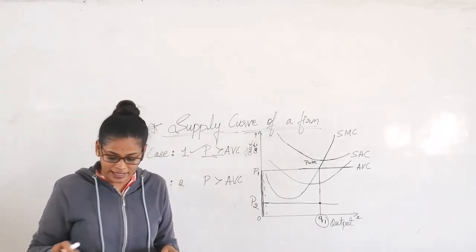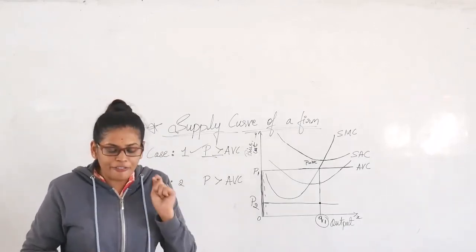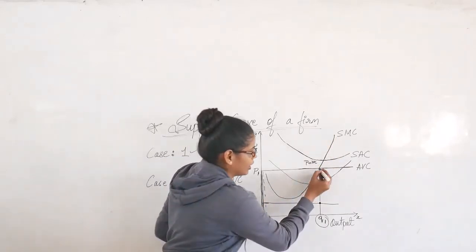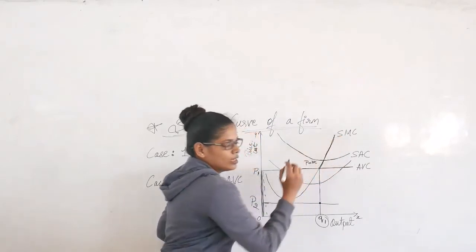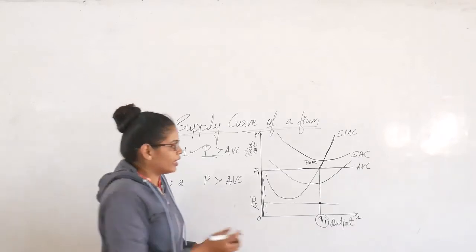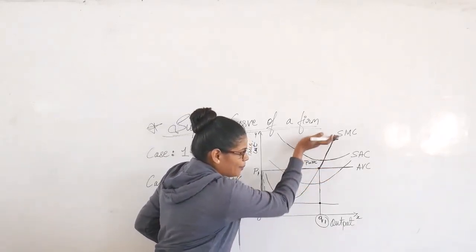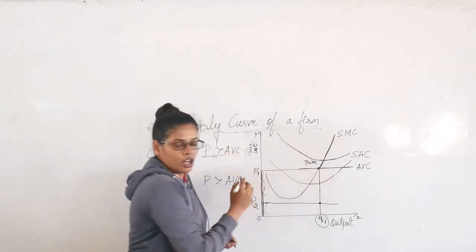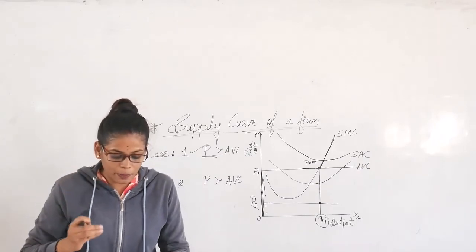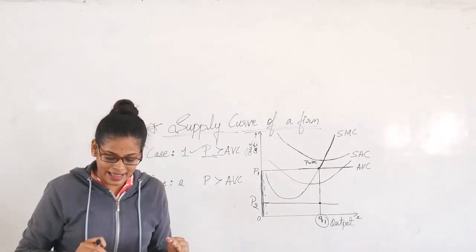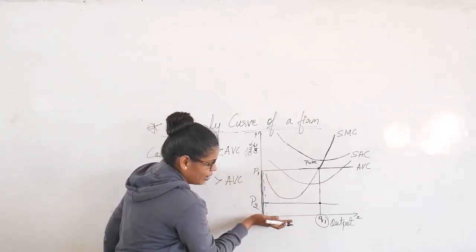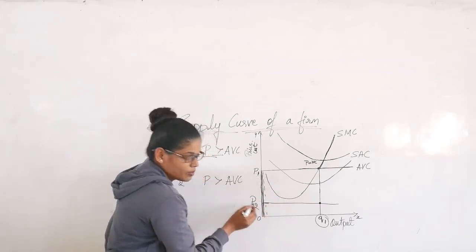Combining these two cases, we come to an important conclusion: a firm's short run supply curve is the rising part of the SMC curve from and above the minimum average variable cost, together with zero output for all prices strictly less than the minimum average variable cost.